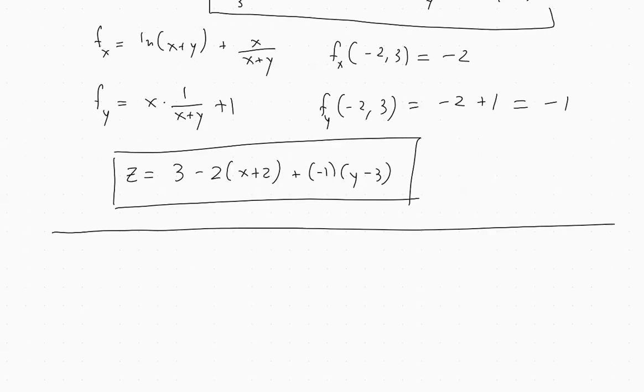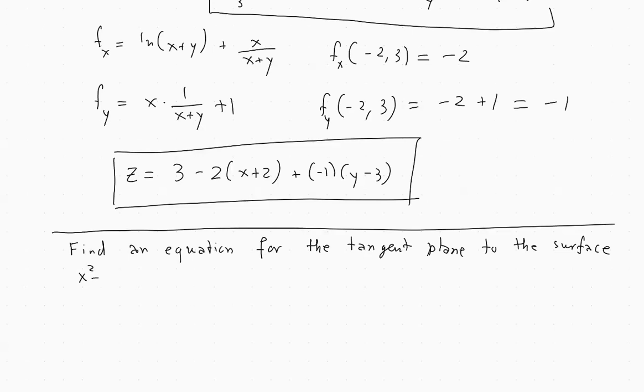It says find an equation for the tangent plane to the surface x squared minus y cubed plus xyz plus z to the fourth is equal to 2 at the point 2, 1, negative 1.